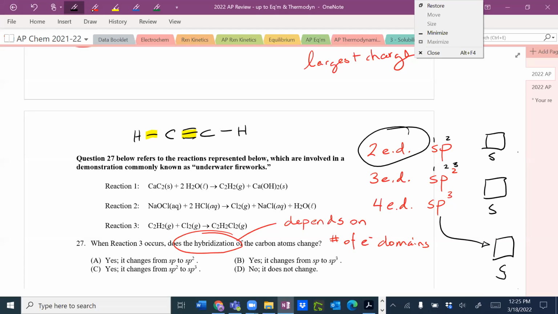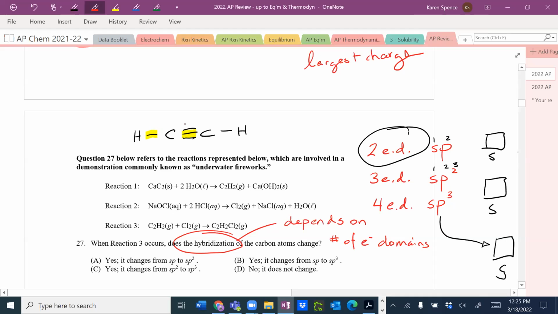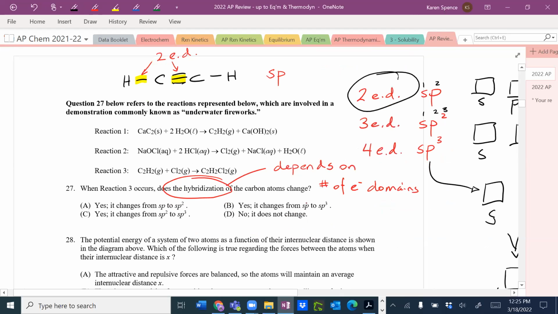So you can see carbon has 2 electron domains, two areas. And so you go, I need an s and I need a p to provide me with those 2 electron domain areas. So I have an s and a p, so I'm sp hybridized. So I am looking at either A or B.